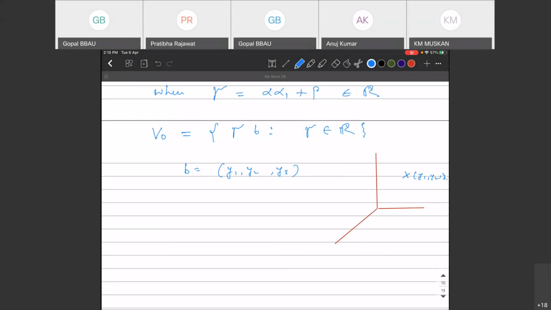Okay, then what would gamma B look like?